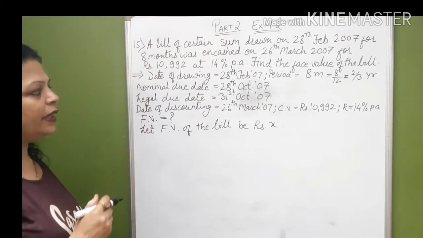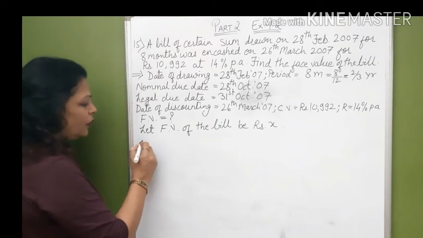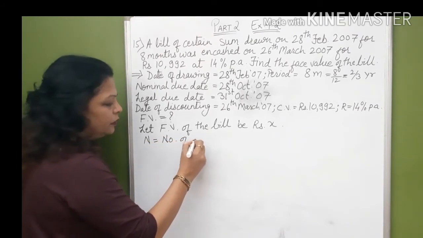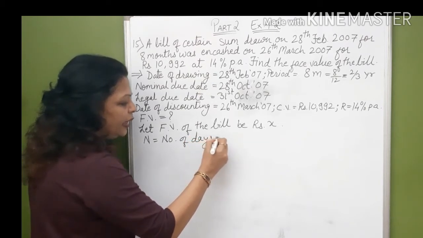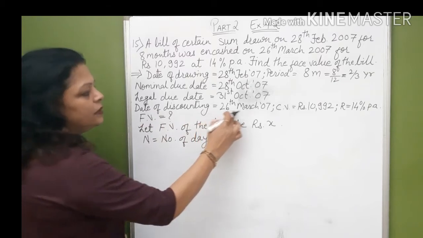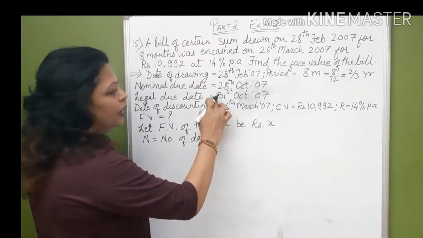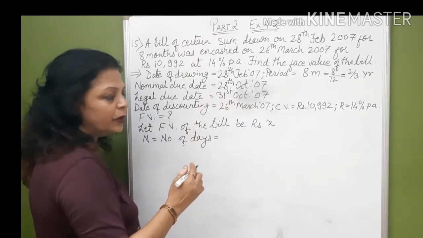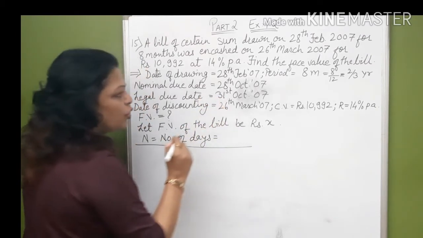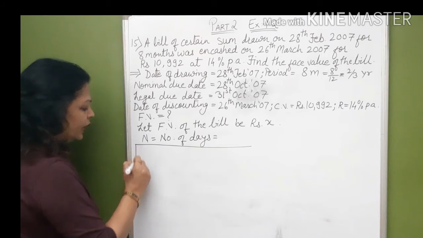Now first we'll find out N. So N, that is the number of days between date of discounting and the legal due date. Now date of discounting is 26th March. Legal due date is 31st October. So from this 26th March to 31st October, we have to calculate the number of days.